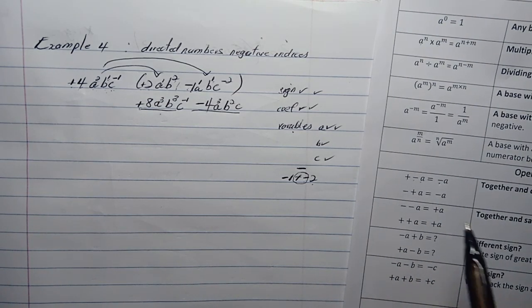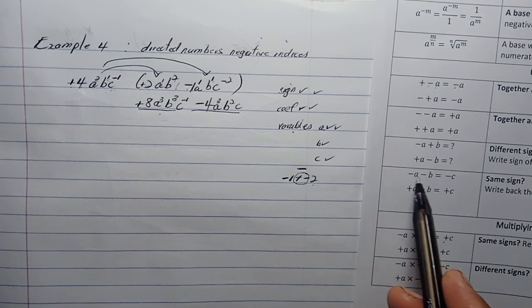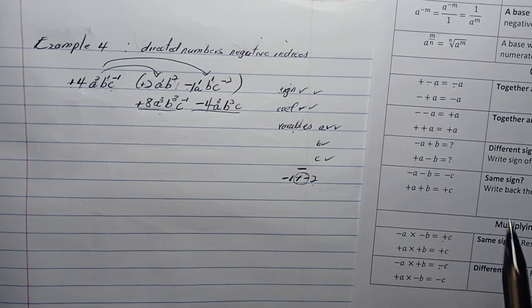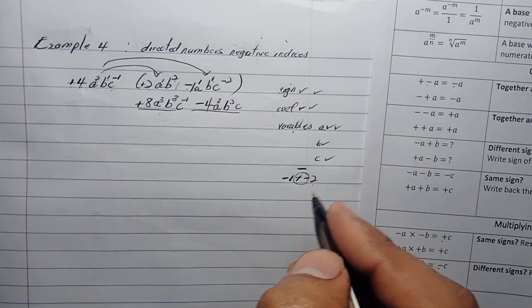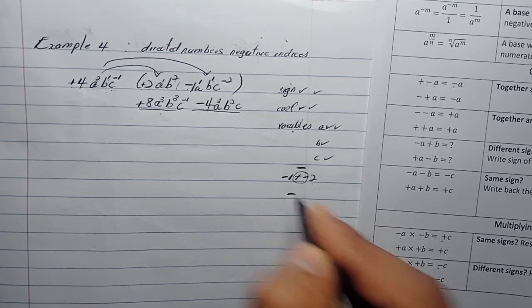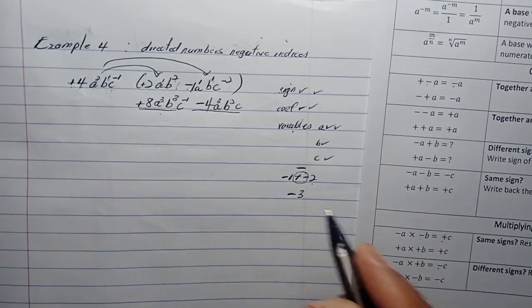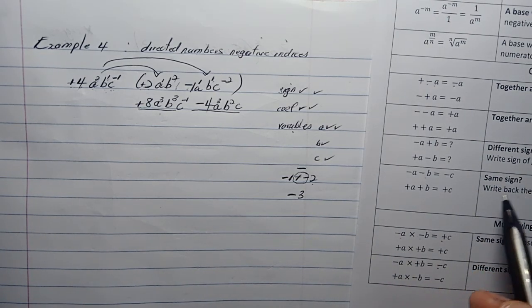Let's look in our handout again. And we find negative a, negative b. Negative 1, negative 2. That corresponds. So you're going to get a negative value. So you're going to be negative, and then you add. 1 plus 2 gives you 3. When the signs are the same, you write back that sign and you add.